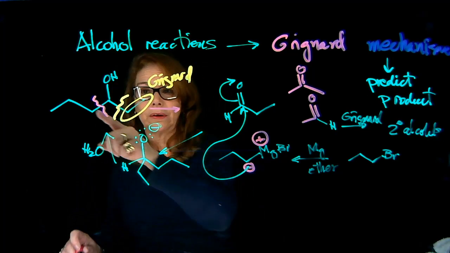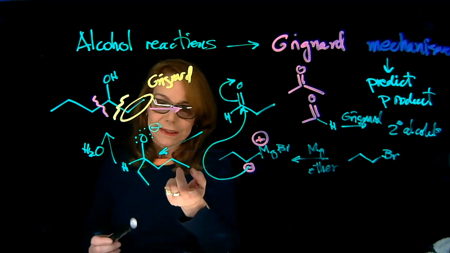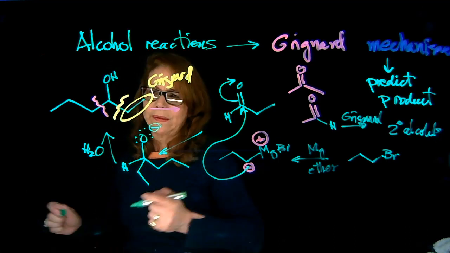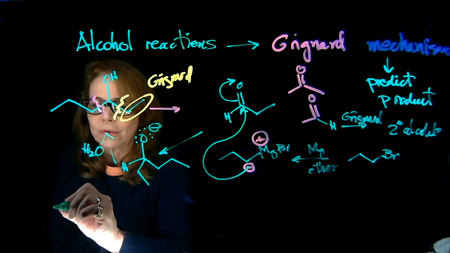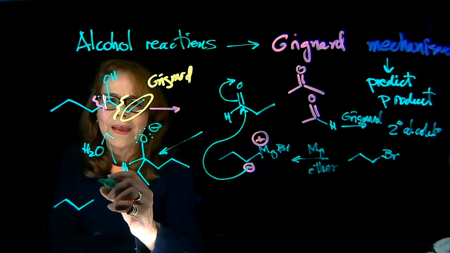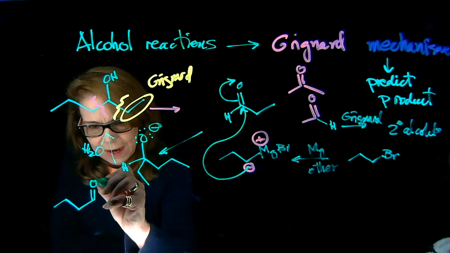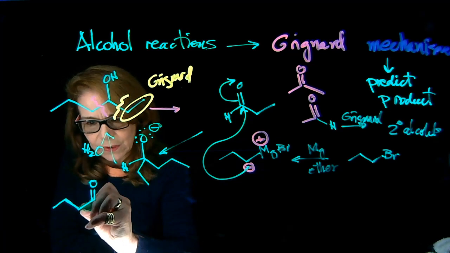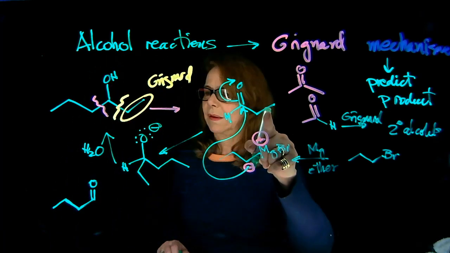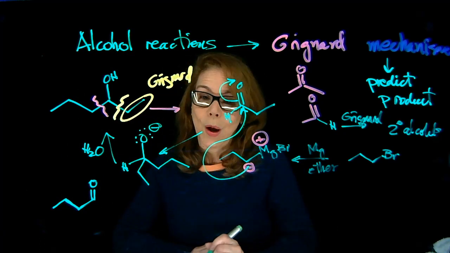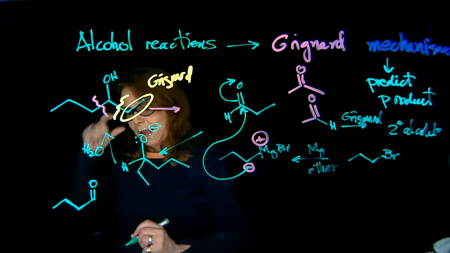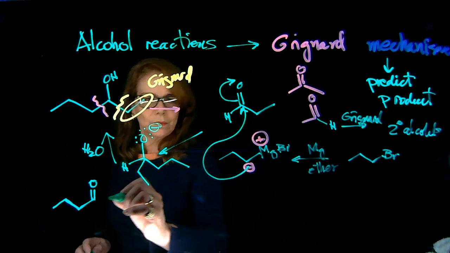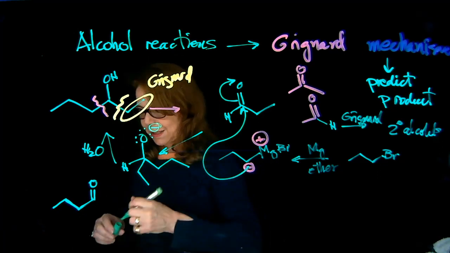Again, the same criteria: for the secondary alcohol, you will need an aldehyde to make that reaction. So disconnecting here, you will have 1, 2, 3, and here you will have the aldehyde. Now you have started with this aldehyde, which has 1 more carbon, right? So this is butanal, and that was propanal.